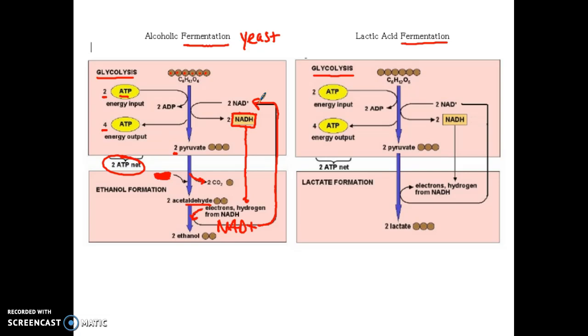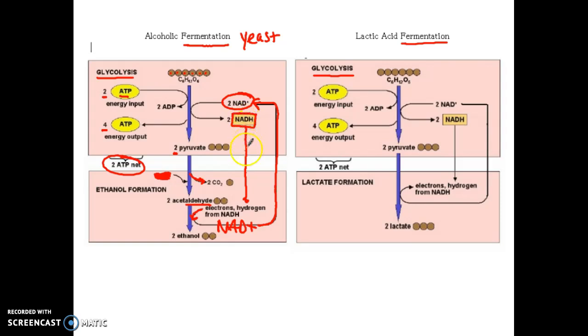There's no ATP produced down here, but what would happen if all you had was this step? The analogy would be that you have an empty car. This is the car with the electron in it, or a passenger. If you never had the ability for this electron to be dropped off, you would eventually run out of empty vehicles, and that would then stop this whole process. You need to constantly regenerate this oxidized version so that more and more electrons can be removed during glycolysis.